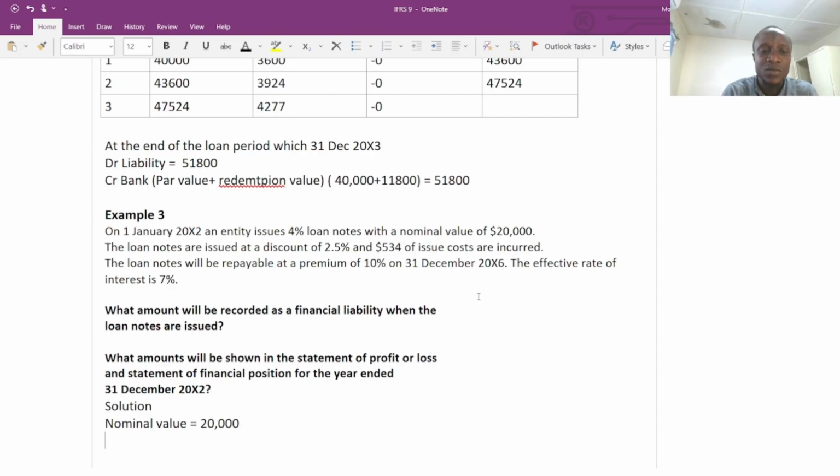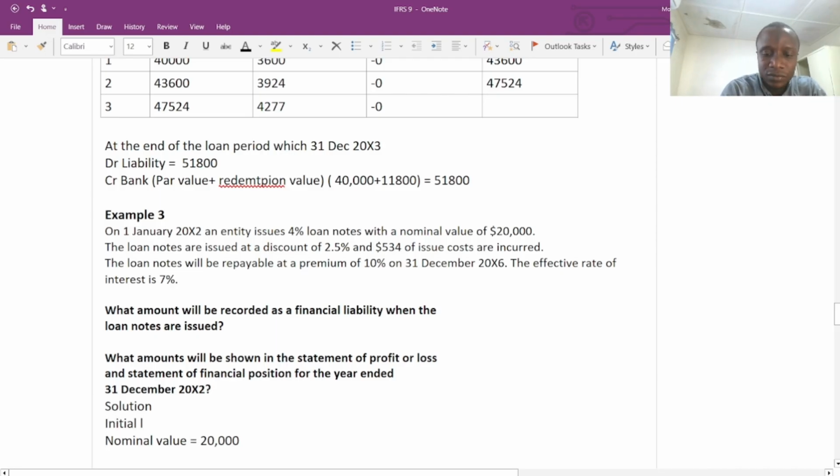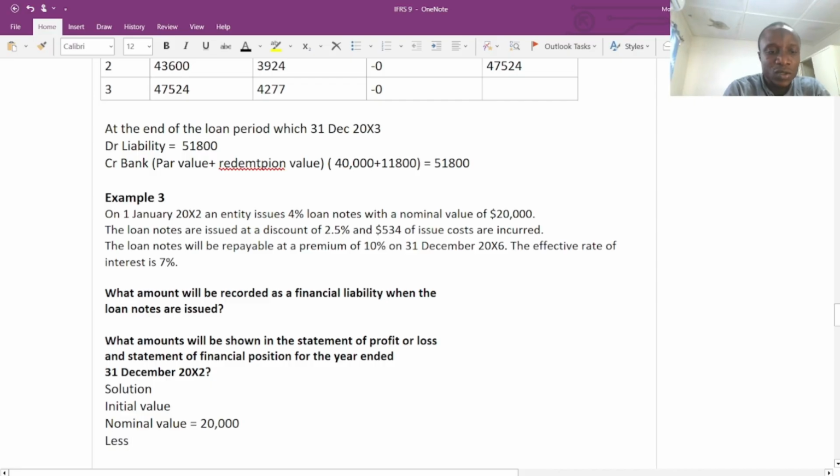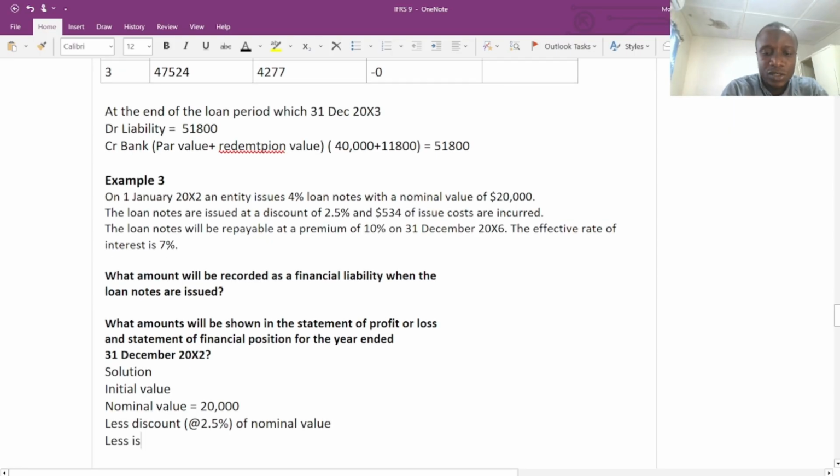So to calculate our initial value of the liability, we use the nominal value, less the discount at 2.5% of the nominal value, which is the cash that we are going to receive, and less the issue cost.